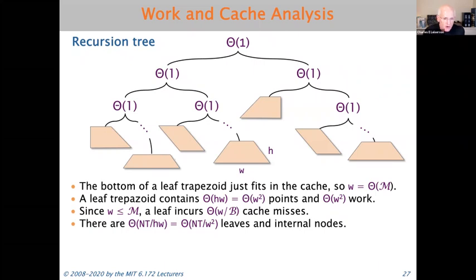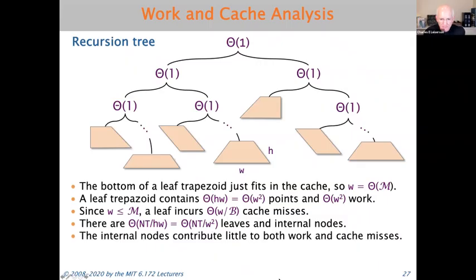And the number of internal nodes is approximately the same, because the number of internal nodes in a full binary tree is one less than the number of leaves. So that's practically the same as well. Since each internal node contributes just a constant amount of work, it's got to be a constant number of cache misses.